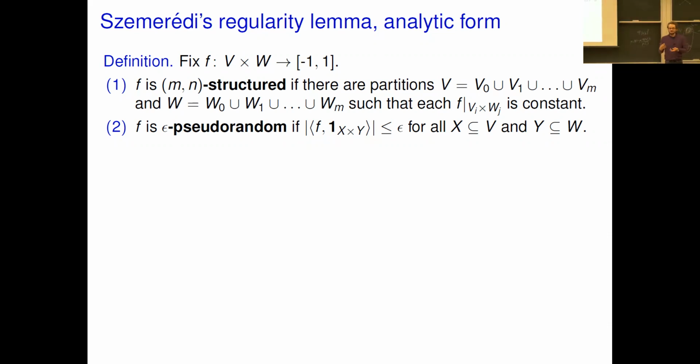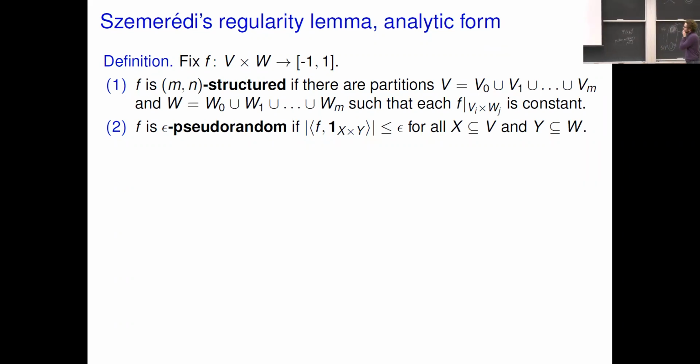So it's like an indicator function of boxes, Vi cross Wj. Don't think of V0 and W0 as being exceptional sets anymore. That'll come up later. Hopefully I'll get time to finish it.